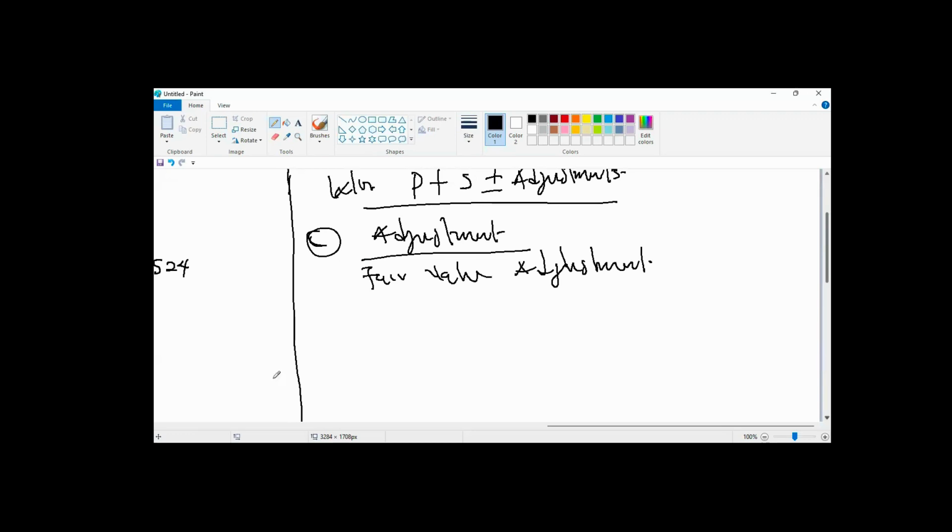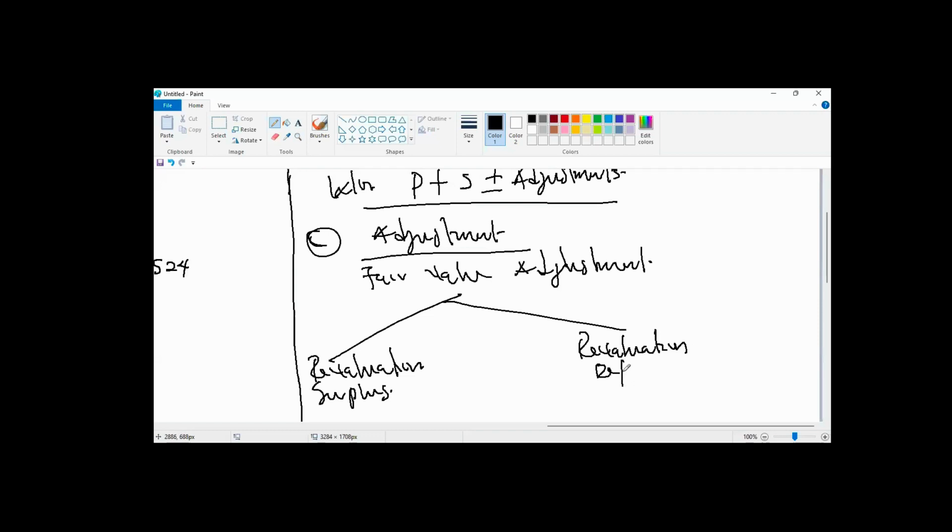Now, fair value can happen in 2 ways. Either we revalue up, which is known as revaluation surplus, or we revalue down, which is known as revaluation deficit. How do I know it's a surplus? How do I know it's a deficit? 1, it will tell you in English form: above, higher, more than, in excess.